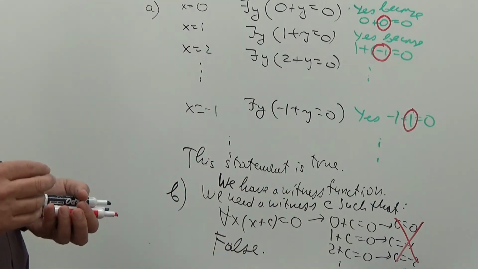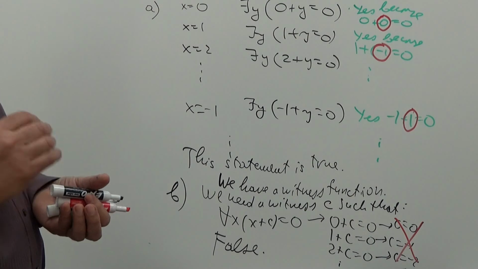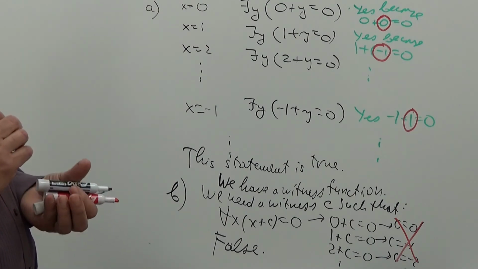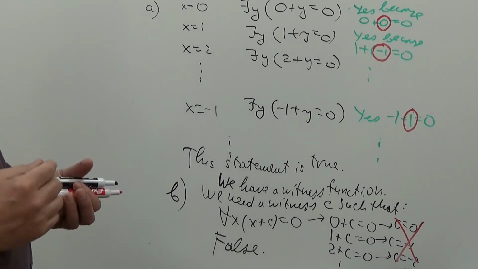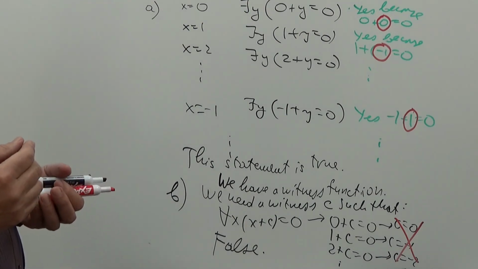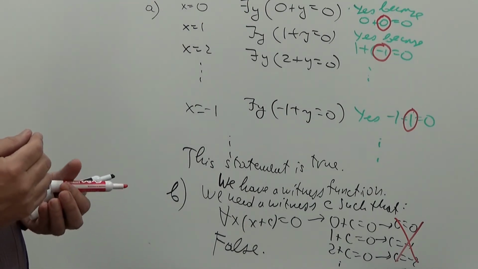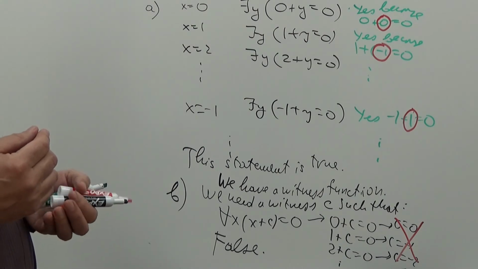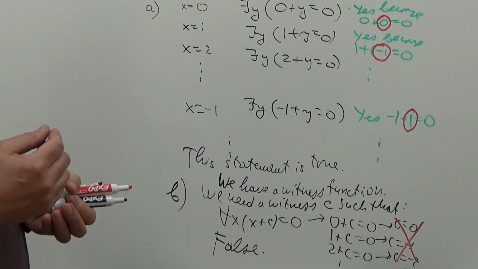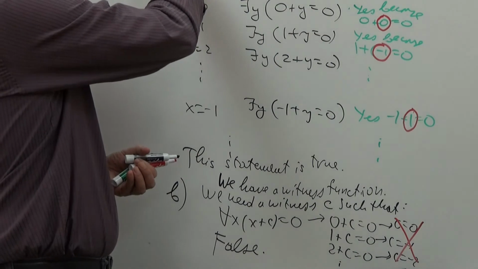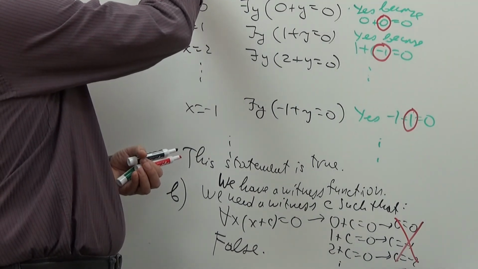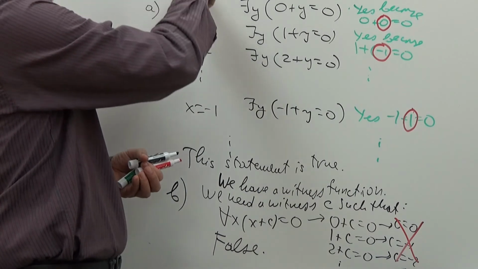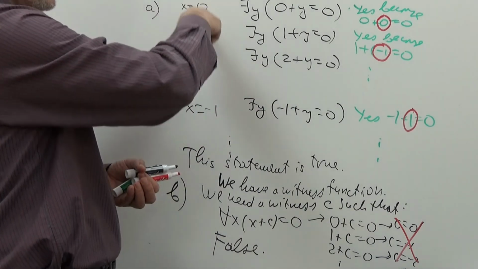This example tells us that it's very sensitive when we change the order of quantifiers, and the order of quantifiers does matter. When we try to interpret it, we interpret the outside quantifier first, and sometimes that breaks the sentence into infinitely many individual sentences.